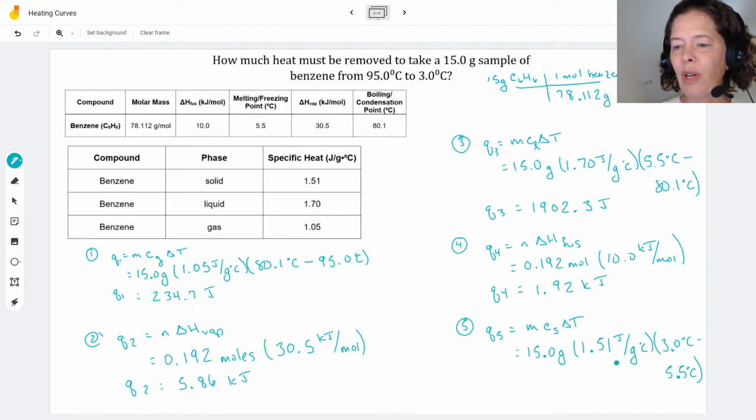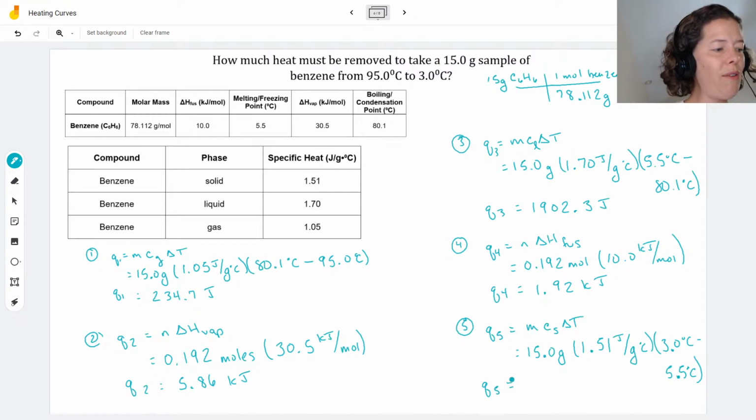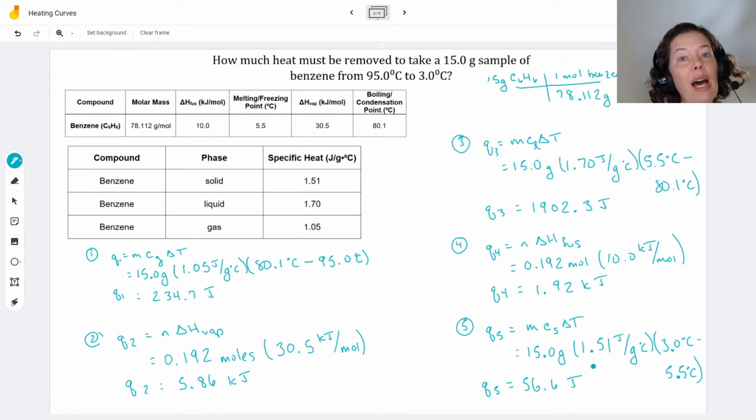Make sure grams are canceling, Celsius is canceling. I'm going to get this Q in joules. So Q5 is 56.6 joules.